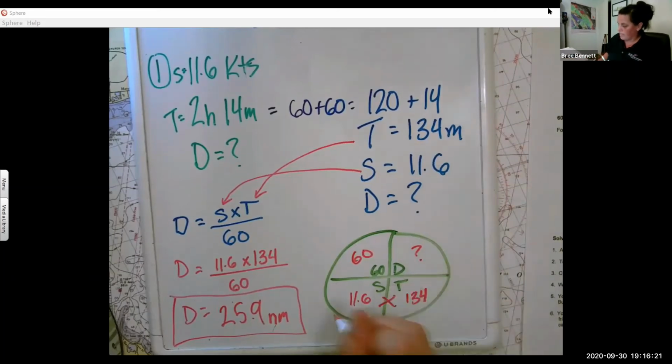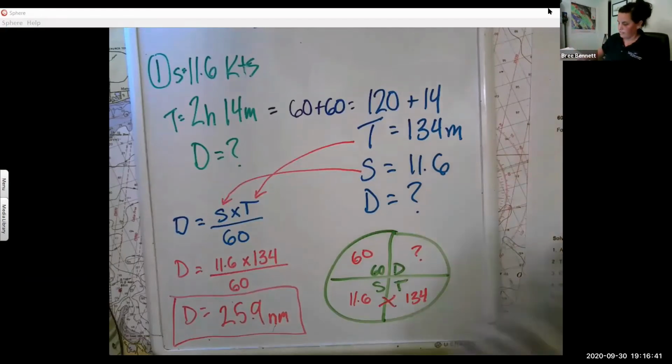We multiply 11.6 times 134, divide by 60. So same thing that we did there, but that's how it'd work on the magic circle. Okay, any questions with number 1? Let's do number 2.